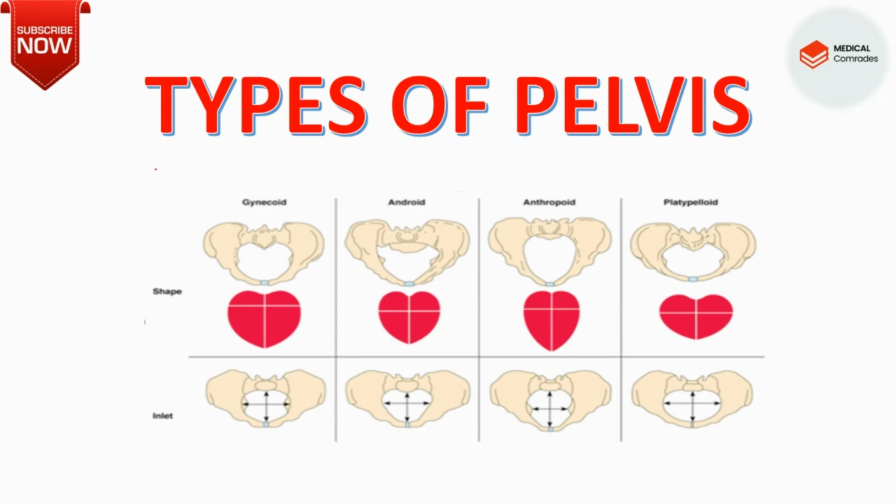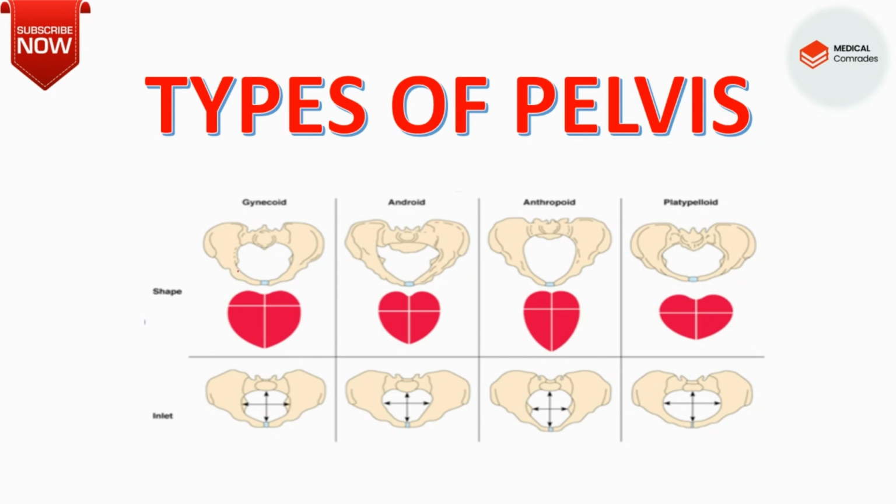Once again, welcome. Let us study today about types of pelvis. There are mainly four types: gynecoid pelvis, android pelvis, anthropoid pelvis, and platypelloid pelvis.